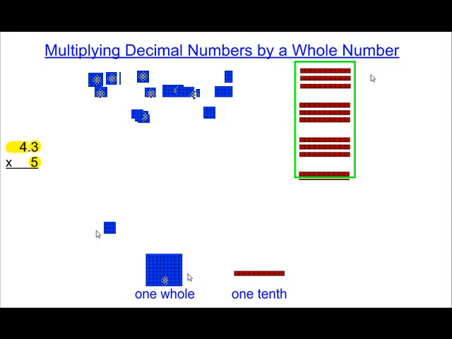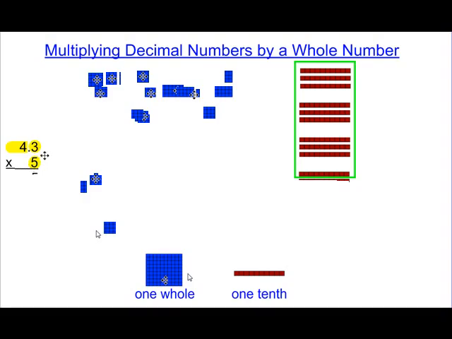So what we can do is combine the tenths, and what I mean by that is let's trade in 10/10 for one whole. So we've outlined 10/10 with the green box. We've got 1, 2, 3, 4, 5, 6, 7, 8, 9, 10, 10/10 which we can trade in for one whole.